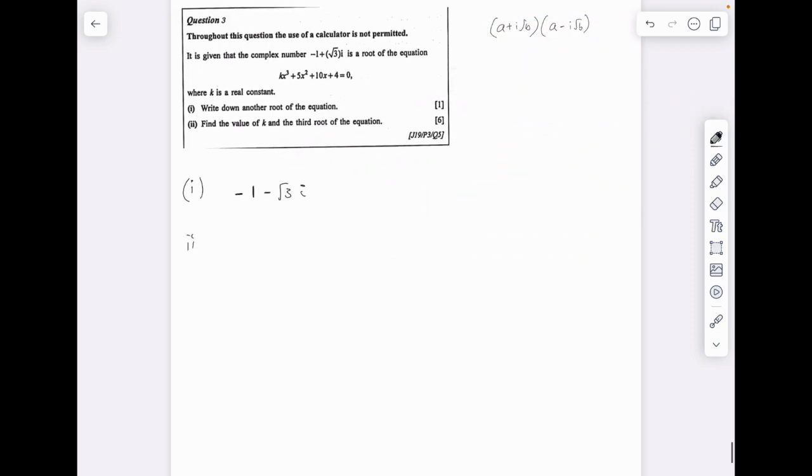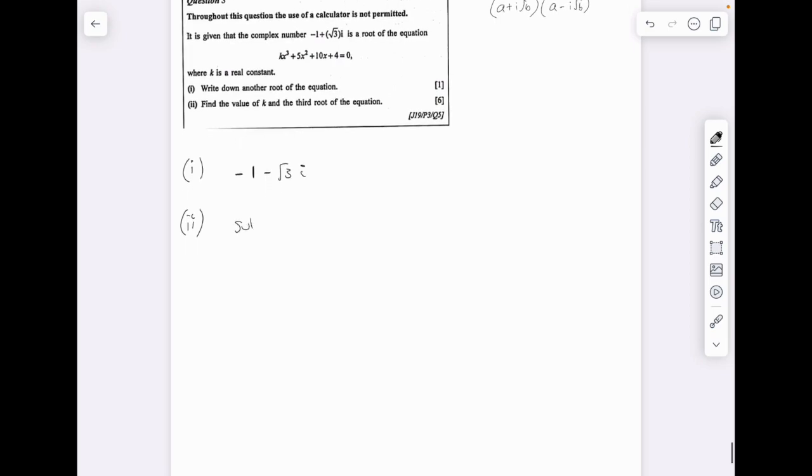So part i: find the value of k and the third root of the equation. So how do we do that? Well, the first thing we have to do is sub. We're going to substitute -1 plus root 3i into the equation.